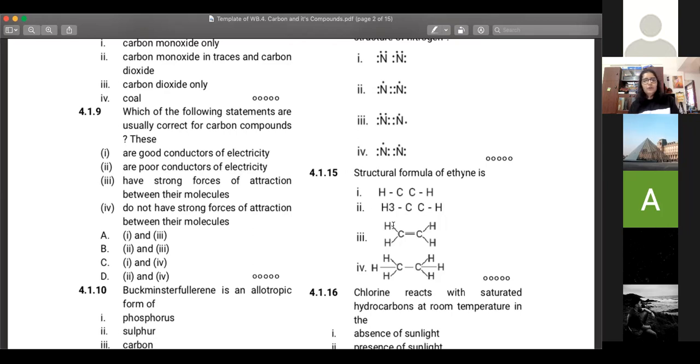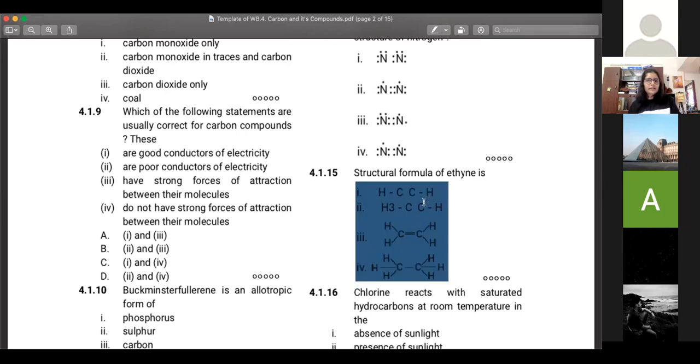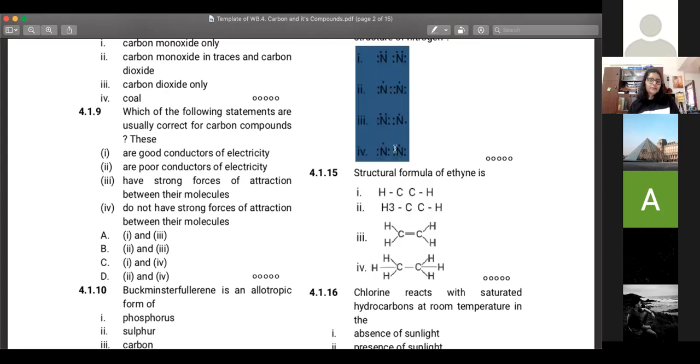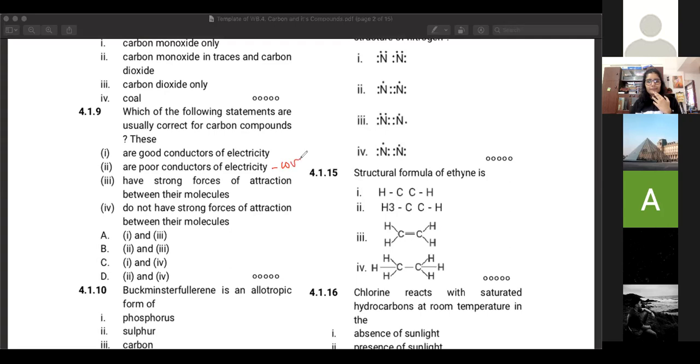In a covalent bond the electrons are trapped between the atoms, they can't roam around. If these electrons escape, the bond is broken. So covalent compounds are generally poor conductors of electricity. They are not good conductors. So ions or free electrons should be there to be a good conductor. So this is a wrong statement. This is the correct statement.